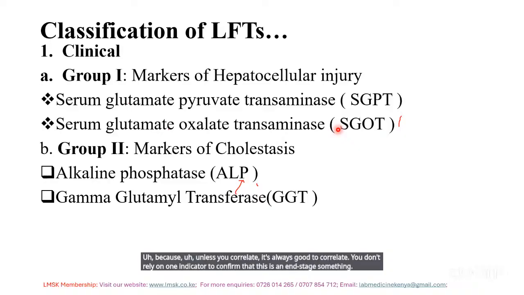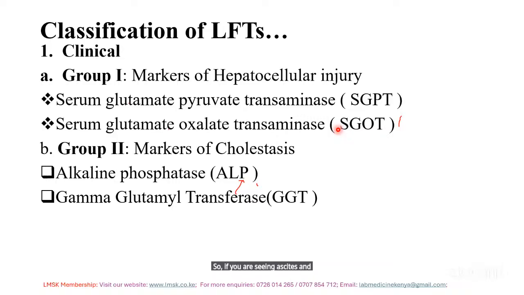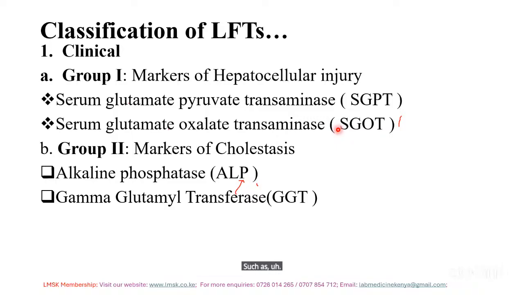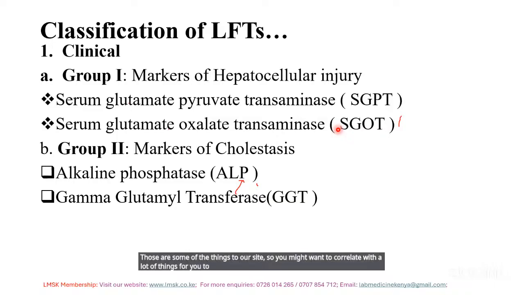So if you're seeing ascites and elevated liver enzymes, you might also do an imaging of the liver, and correlate with other things, because there are other things that can cause ascites as well, such as portal hypertension, and chronic or congestive cardiac failure. So you might want to correlate with a lot of things before concluding that this is end stage liver disease.